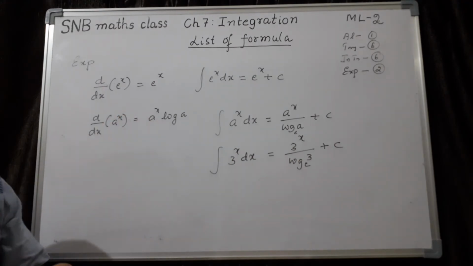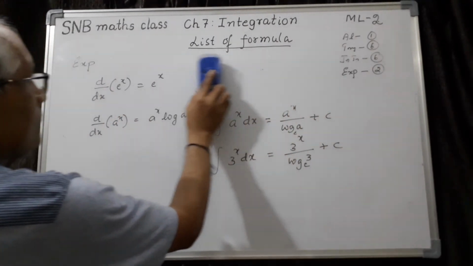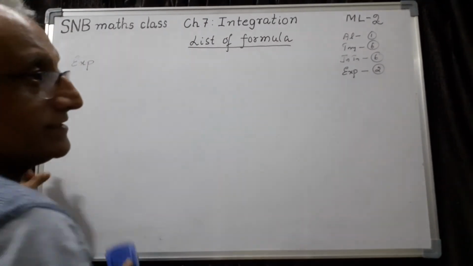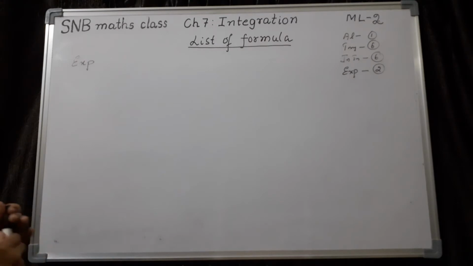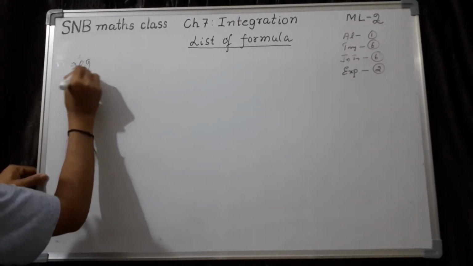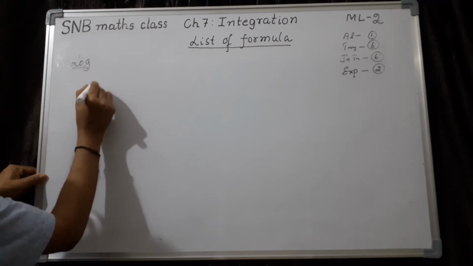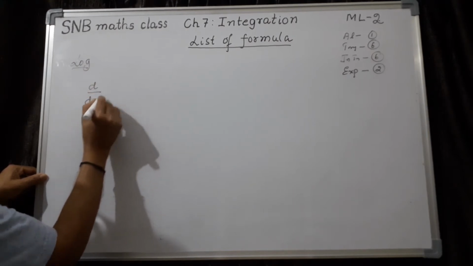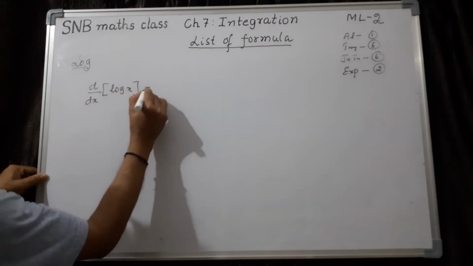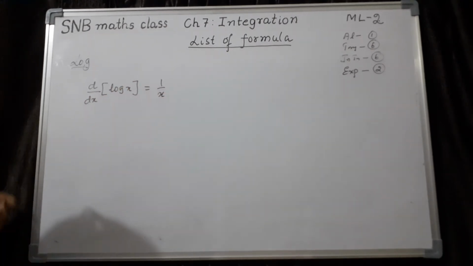Same way, we have to get the formula for log also. See, this is the important thing for log. We know d by dx of log x is 1 by x.